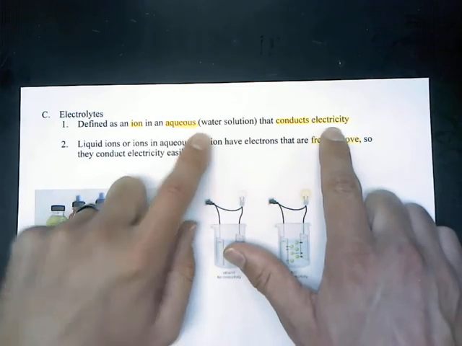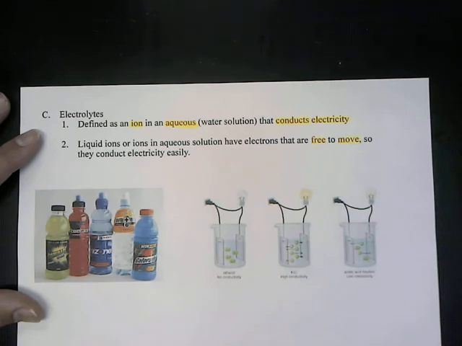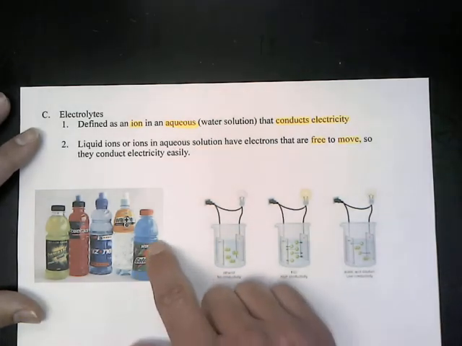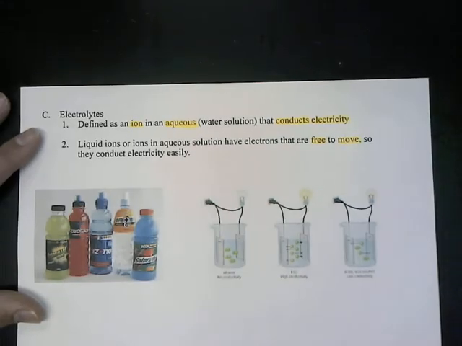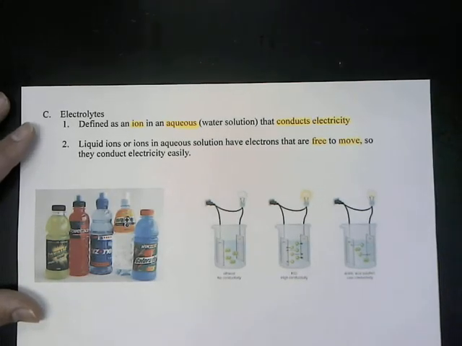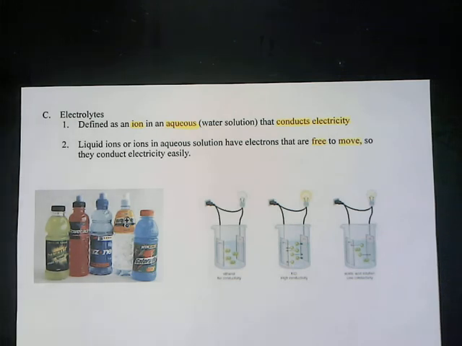Conducting electricity here means you have ions. So in Gatorade or Powerade, there are ions that are from ionic compounds. We'll talk about this in class, and we'll do some experimentation and talk about it in more depth as we go through this.